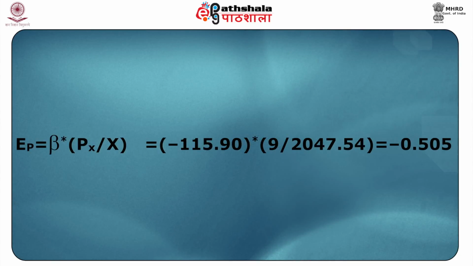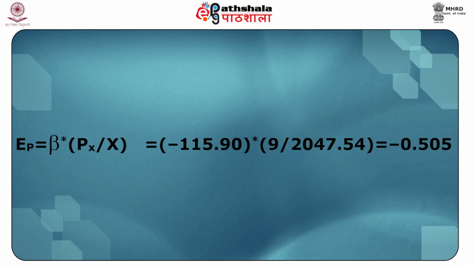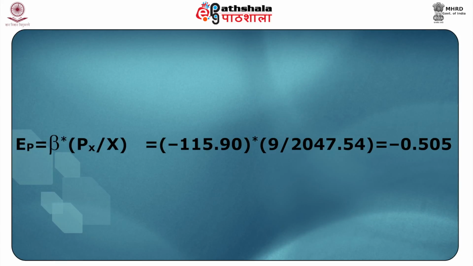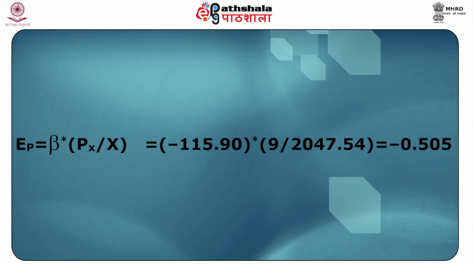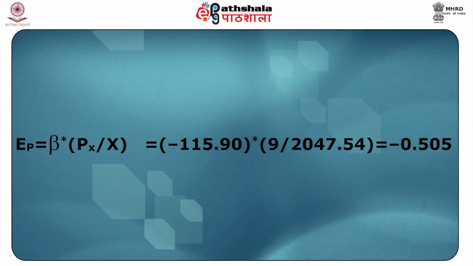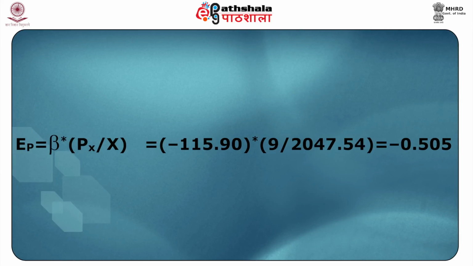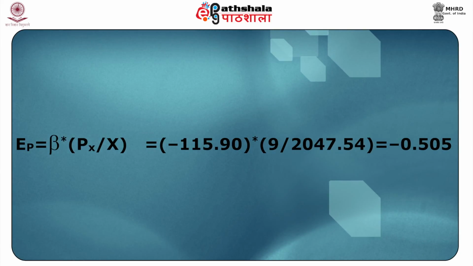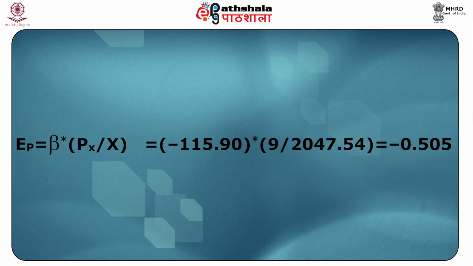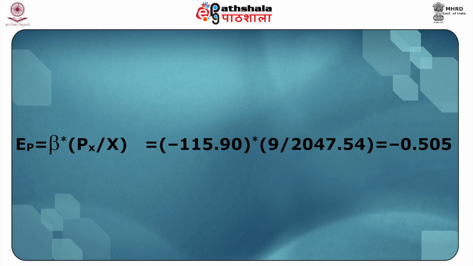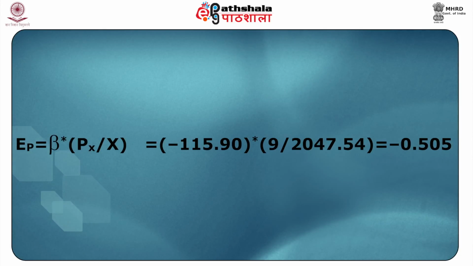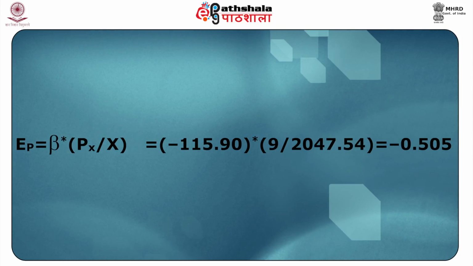Price elasticity of demand is given by EP is equal to beta into Px by X, which is equal to within bracket minus 115.09 into 9 by 2047.54, which is equal to minus 0.505.